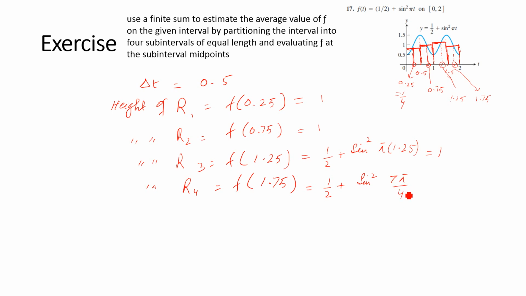Now the odd multiples of pi by 4 always give us 1 over square root of 2, positive or negative. In this case it is negative. Let me solve this: 1/2 plus minus 1 over square root of 2 squared, and the answer is 1. That is why you can see the answer of every value is 1.